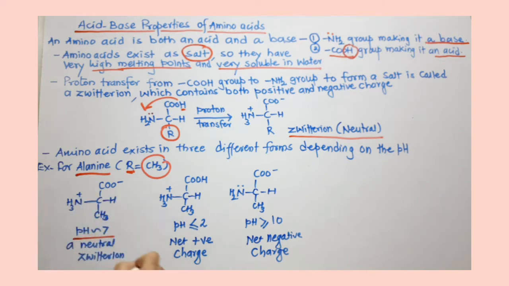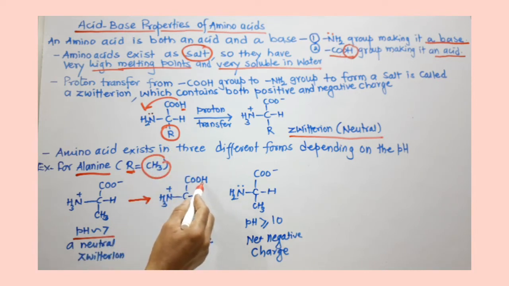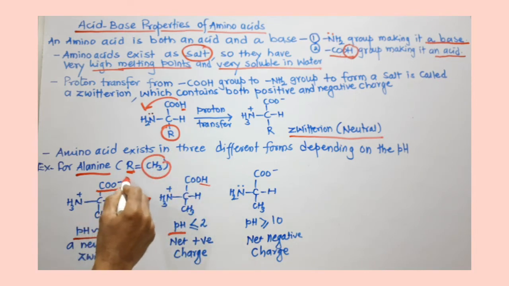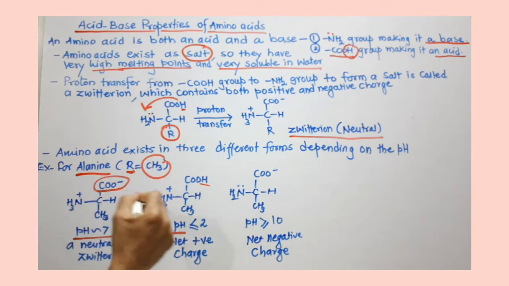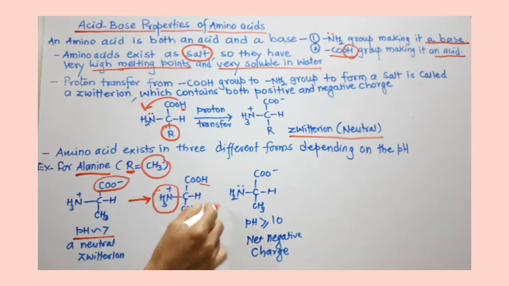But in the same solution, if you add strong acid, this zwitterion is converted to this form, where the pH is equal to 2 or less than 2. The strong acid provides a proton to the carboxylate group and this negative charge is now gone. But the proton will remain on the nitrogen because in the reaction medium there are a lot of protons available.